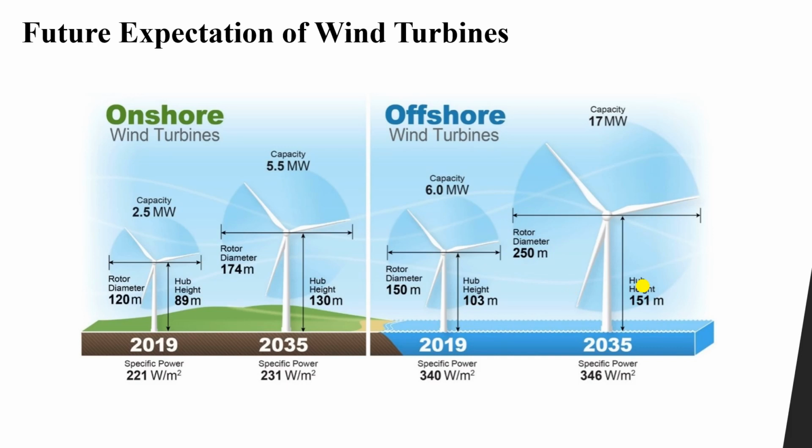So in this lesson, in an introduction to wind energy systems, we discussed the meaning of wind, how we can convert wind energy into electrical energy, the evolution of wind turbines, the application and size of different wind turbines, and the future expectation of wind turbines. In the next lesson, we will discuss the types of wind turbines and which one we use in wind energy application design.